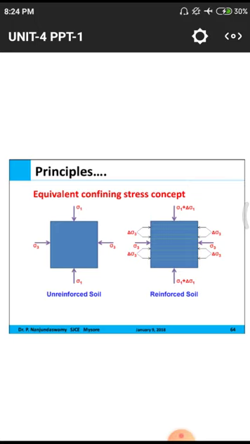But in the second particle, we have a structure with small quantities of reinforcement, shown by arrows. Those have some delta sigma 3 on two sides, in addition to these stresses. This shows that with reinforcement there is some improvement in the transfer of stresses from particle to particle, so there is an equivalent stress distribution and good strength.